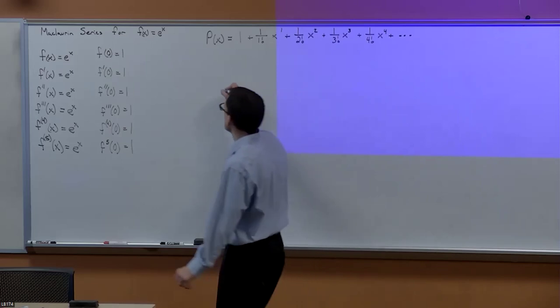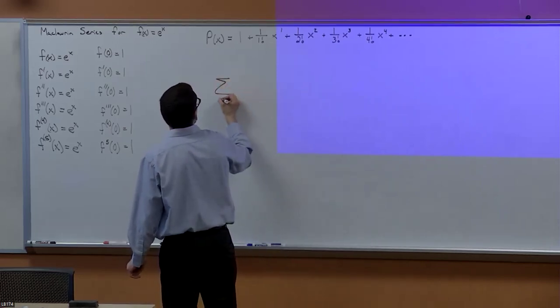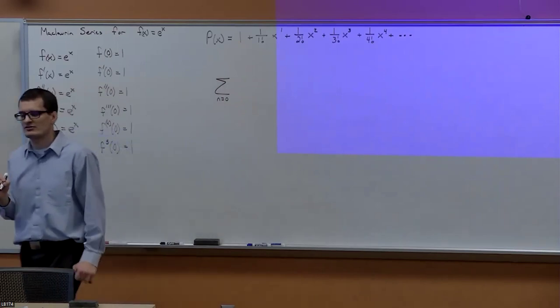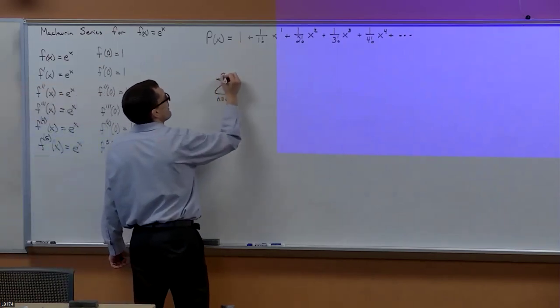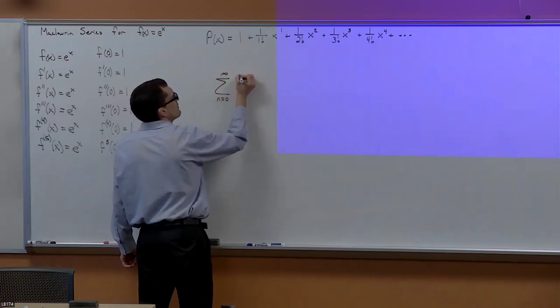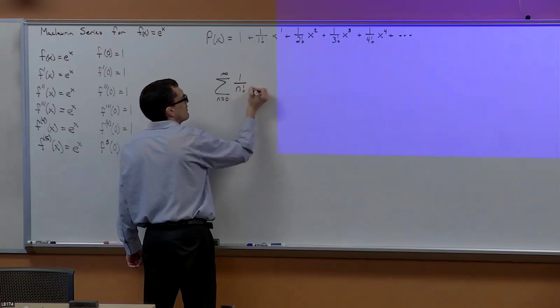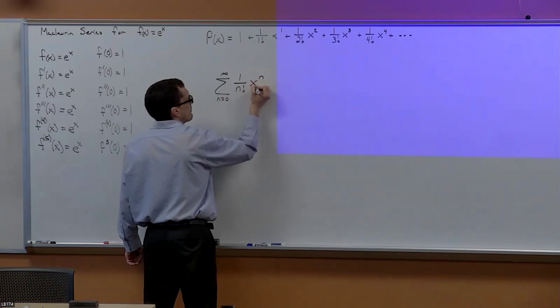My infinite series for e to the x, since I have a constant, I'll start my count at n equals 0. It's always going to be 1 over n factorial times x to the nth power.